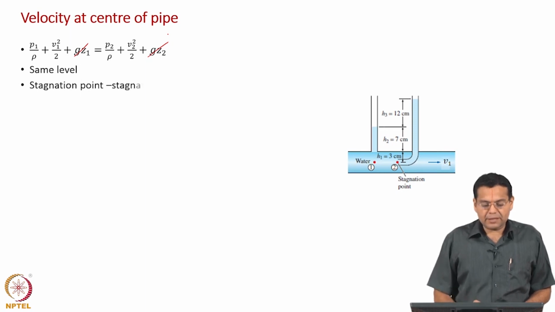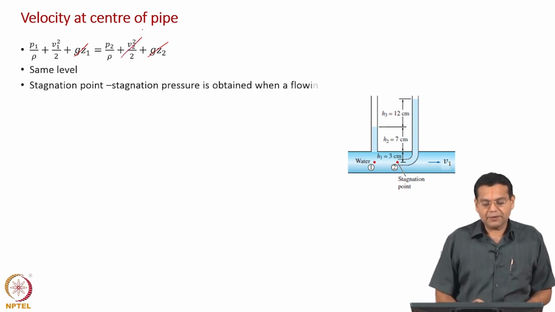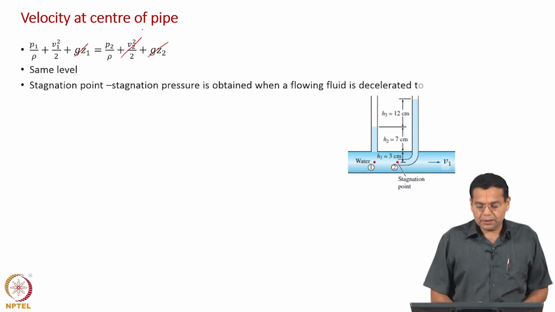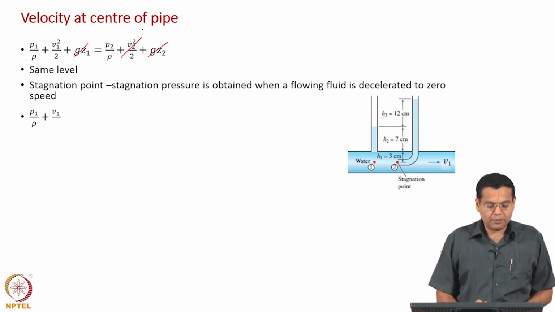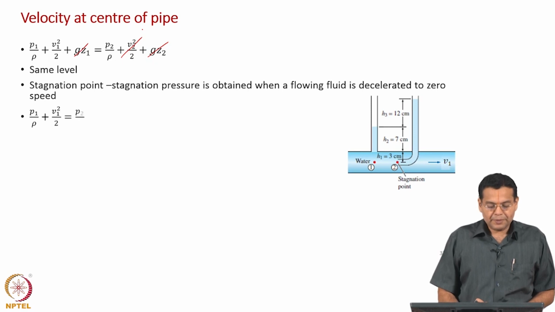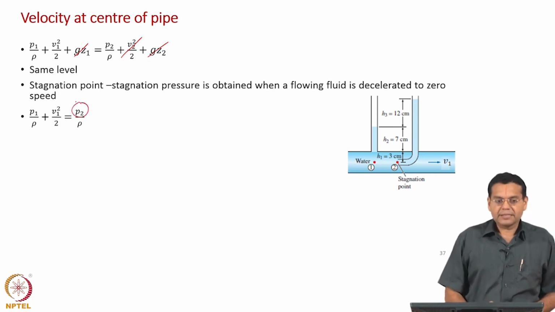We have seen that at the stagnation point the velocity is 0, which means that V2 is 0. So, that is a simplification which we are going to apply to the Bernoulli's equation. On the left hand side you have P1 by rho plus V1 squared by 2, and on the right hand side we have P2 by rho.